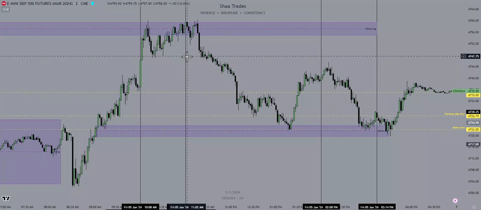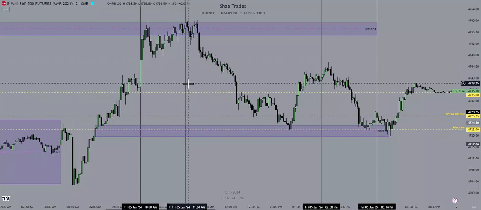So if I already got a trade in the London kill zone and that was a winning trade, if I can go back inside of the New York morning or afternoon silver bullet hour, then I'll probably lower my risk, or I don't trade it at all, right? I just take that winning day, and then I'll come back tomorrow fresh and ready.